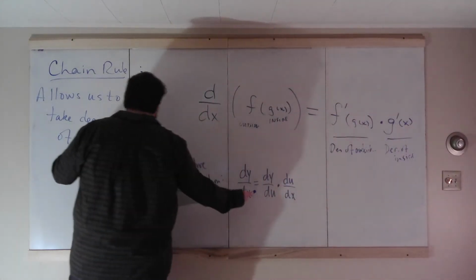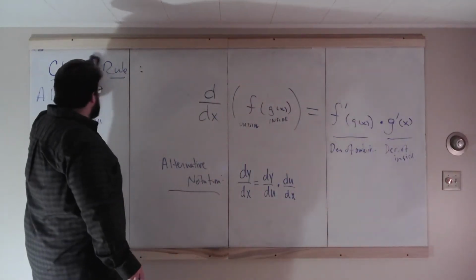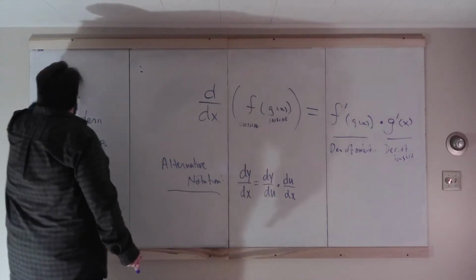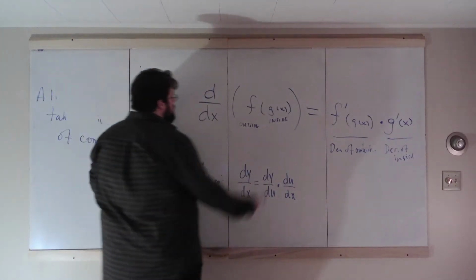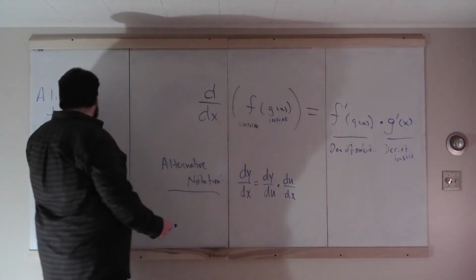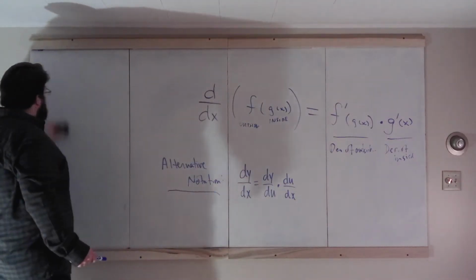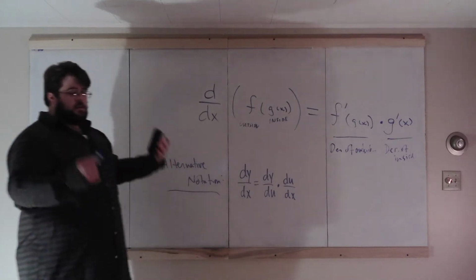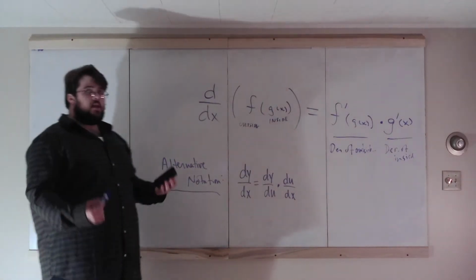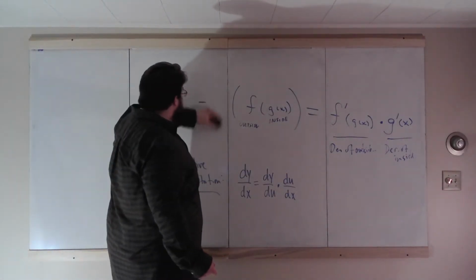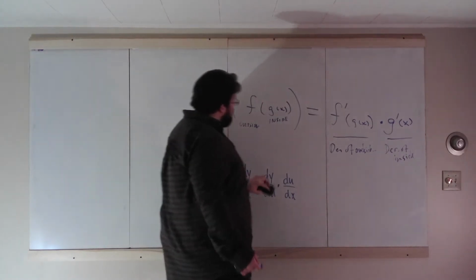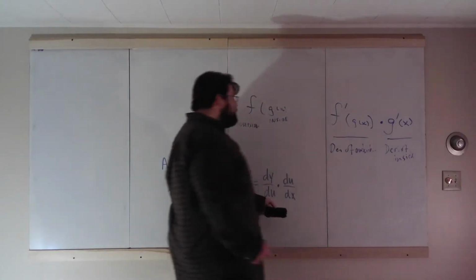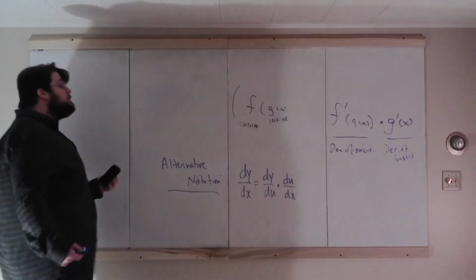Now, we'll go through some examples where we introduce a u to help us, and choosing that u corresponds to viewing an inside or seeing an inside function. This fractional notation is useful for understanding many things. The mathematician Gottfried Leibniz used this notation in his discovery of calculus.